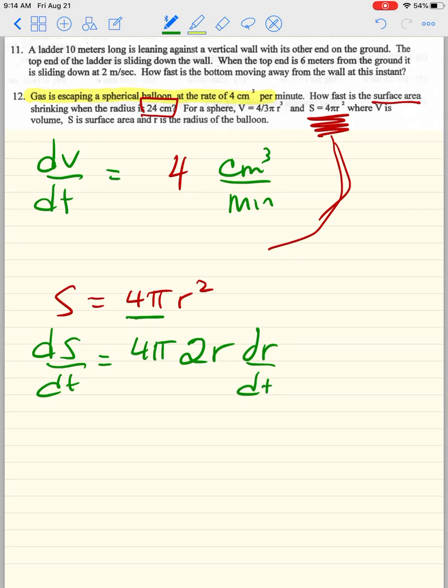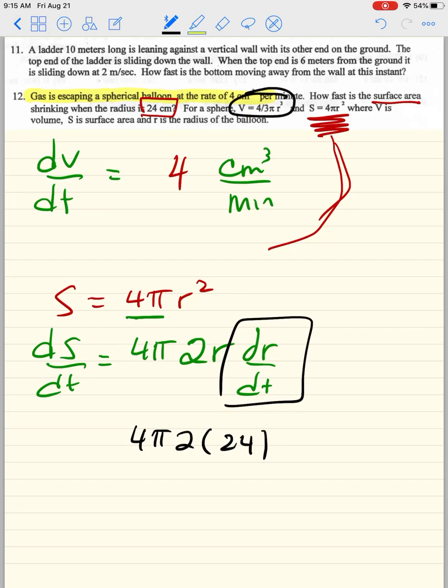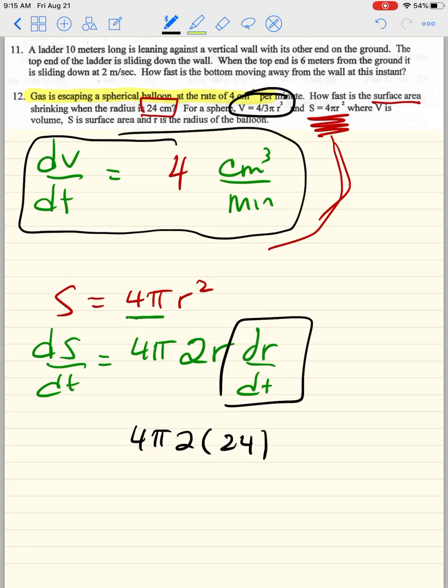They gave us that r is 24. My problem is I don't know what dr/dt is, so I'm going to have to solve for dr/dt using the volume, because I have information about the way the volume is changing.